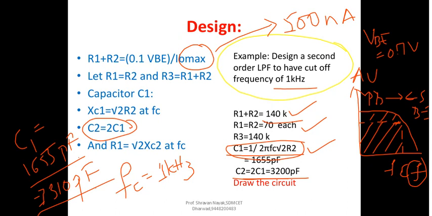And then I have mentioned that please draw the circuit. Any design is incomplete without drawing the actual circuit and marking all the values, as we have taken several times earlier. Now with that, this is the simple second order low pass filter design.